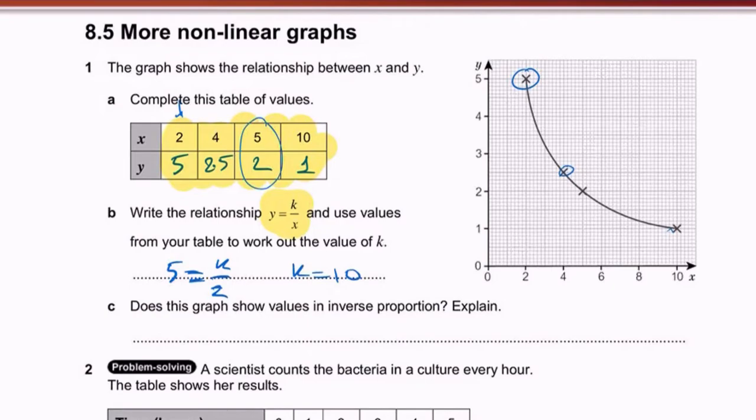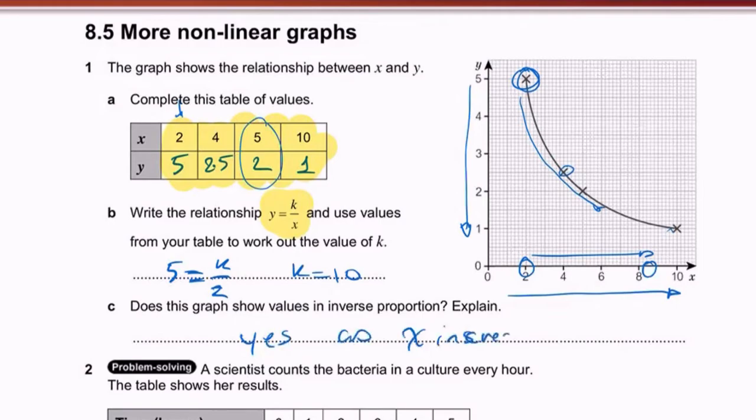Why? Because whenever x gets greater, y gets smaller. When x is 2, y is large. As x increases, y decreases, so it's inverse proportion. Inverse proportion means when one value increases, the other decreases, as we said at the very start with the straight line.